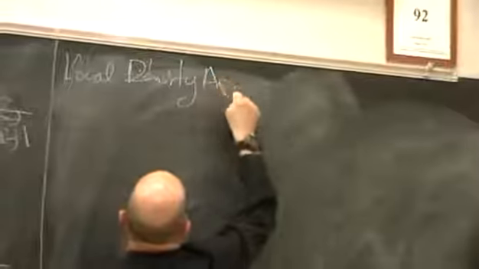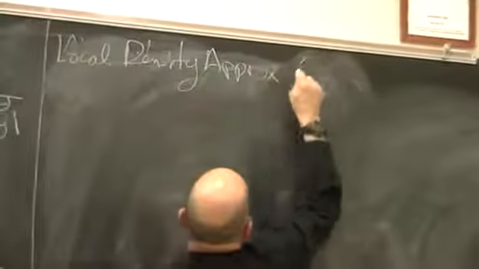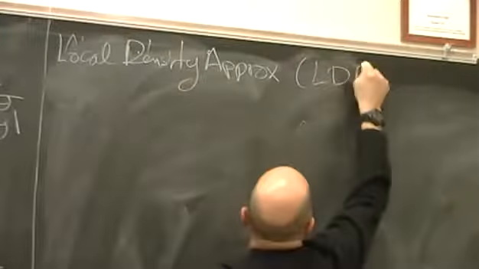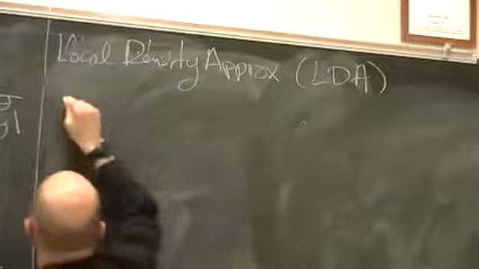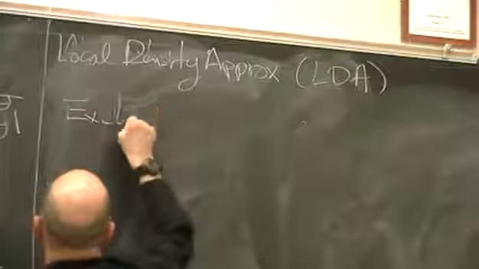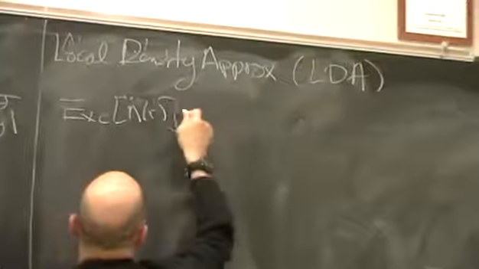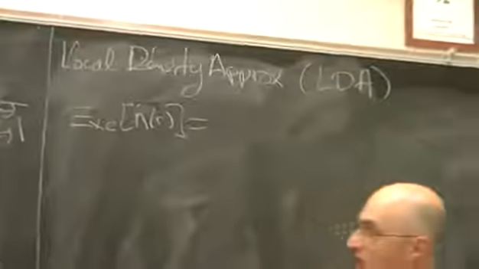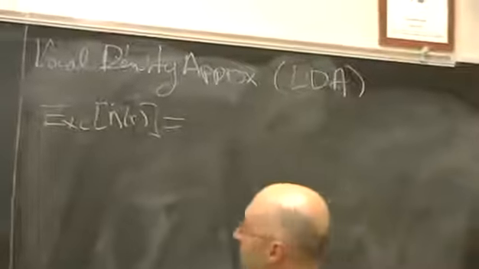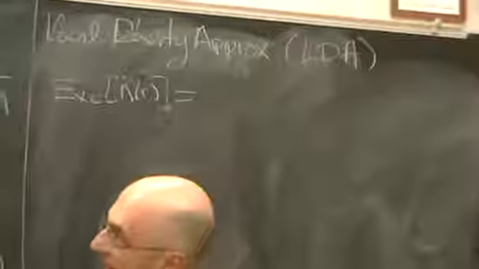And most of the results I had shown you were calculated within this. This is known as the LDA. And it says that that term, which depends on the density, can be written down in the following simple picture, which is also, I think, pretty intuitive. So, if you remember, I've got my little electron cloud over here.